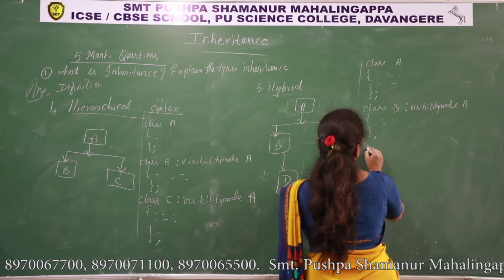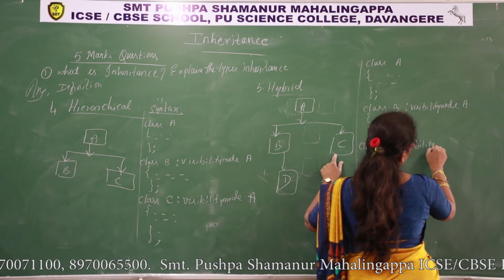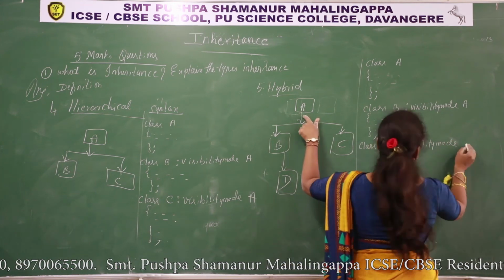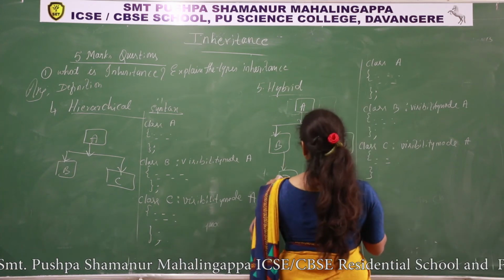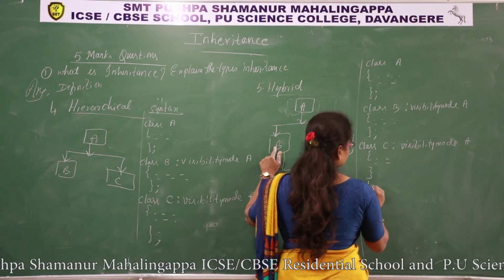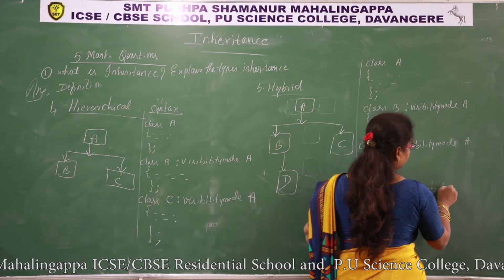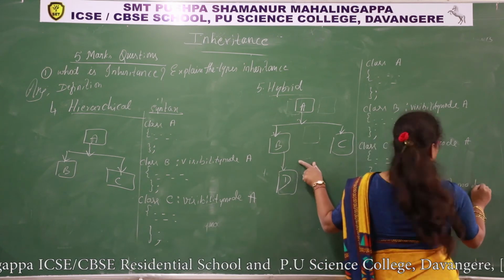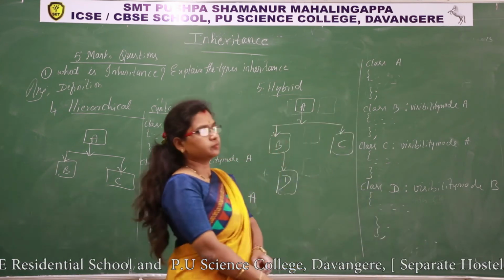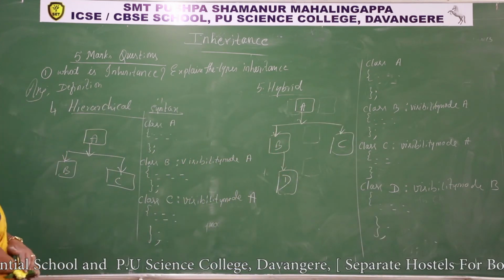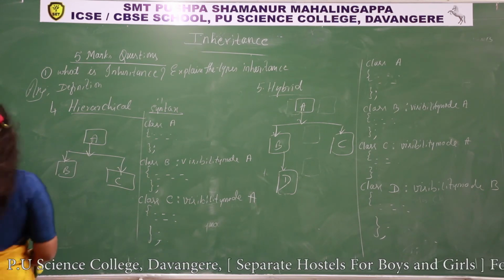Class C, colon, visibility mode A. Now, class D, which is derived from class B, class D, colon, visibility mode B. So, in this way, you have to write the answer for this question: what is inheritance, and explain the types of inheritance. And now, next question.